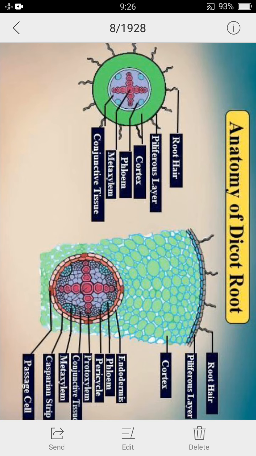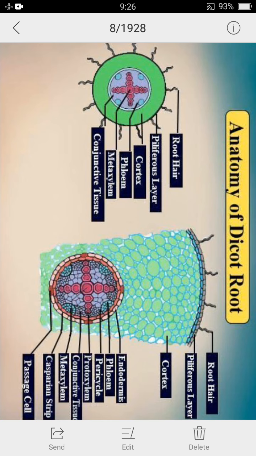The tangential as well as radial walls of the endodermal cells have a deposition of water impermeable waxy material suberin in the form of Casparian stripes. This Casparian stripes concept is most important for competitive examinations.